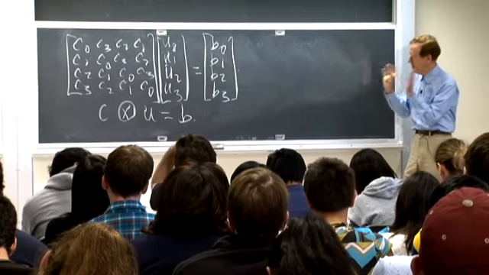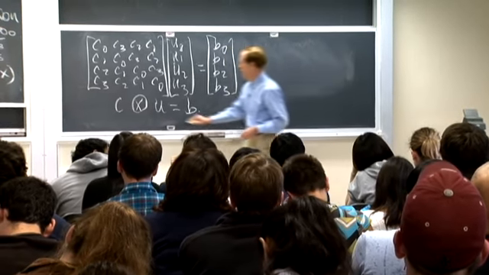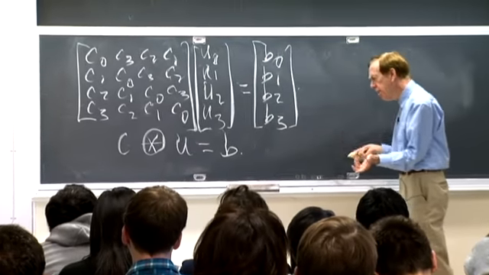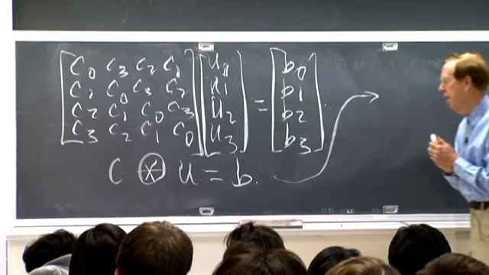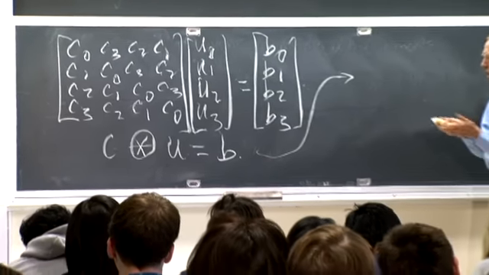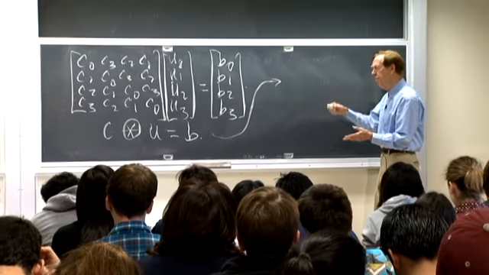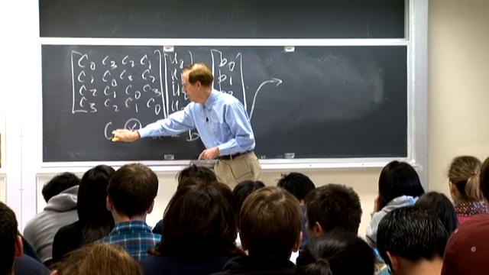So now think. What happens when I switch these vectors to frequency space? It becomes a multiplication. So C, I want the Fourier transform of the C's.